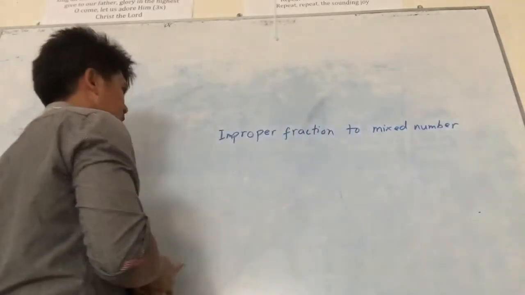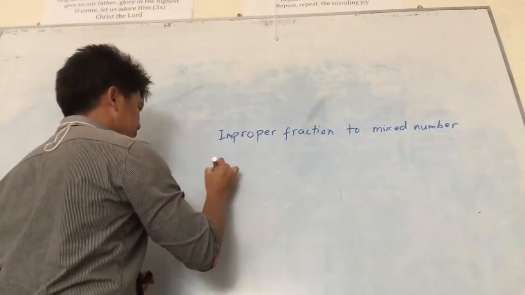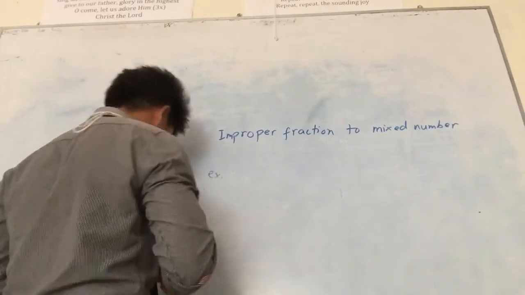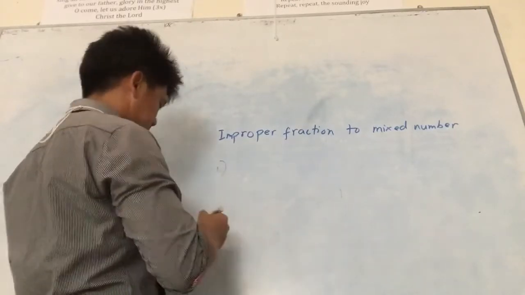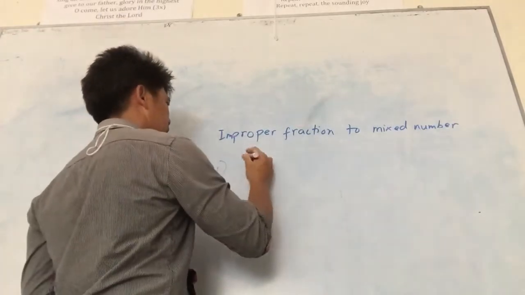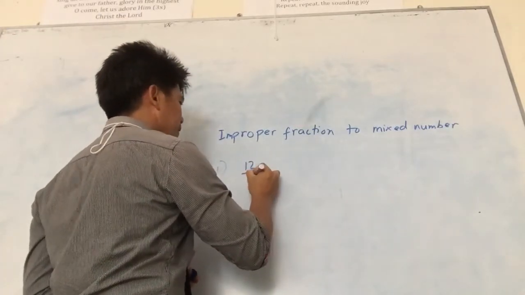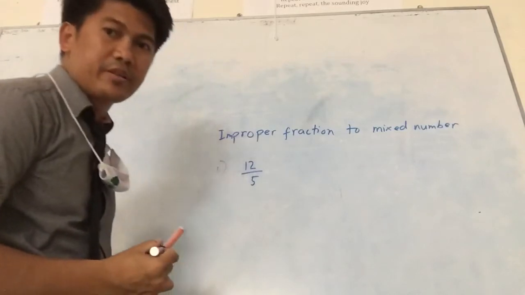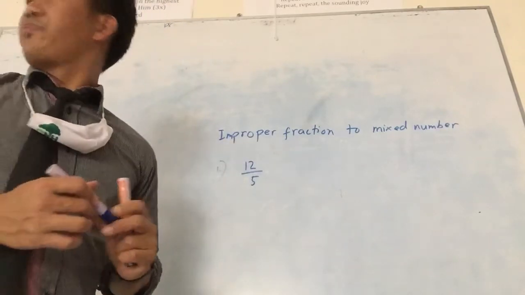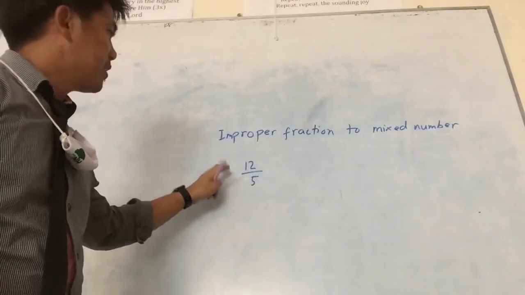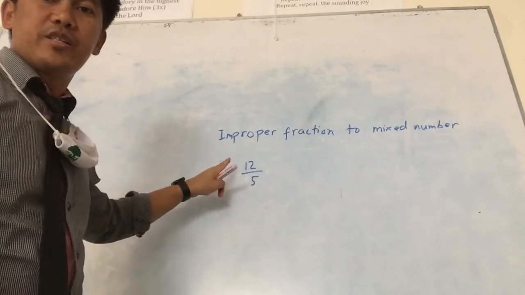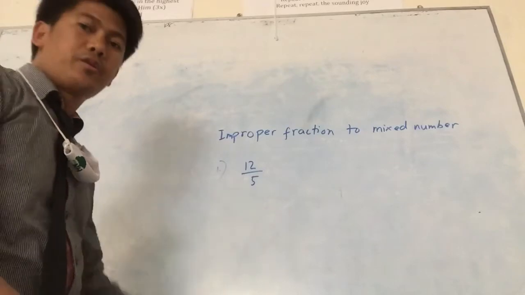So, for example, number 1, 12/5. 12/5 is an improper fraction because the numerator is greater than the denominator.